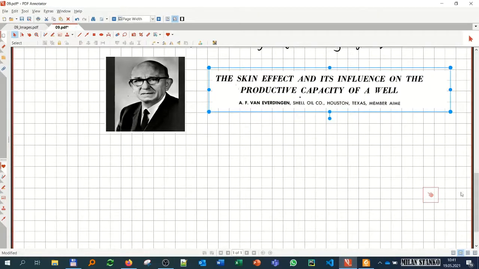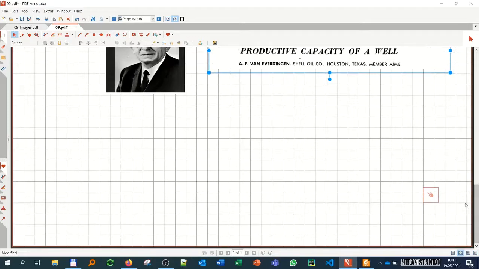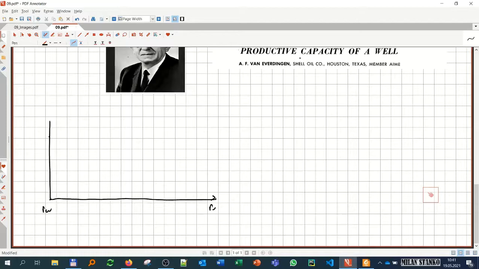Okay, so the principle is simple. If we plot pressure from radius RW to radius RE, as we did before, we have one condition, which is a well with no skin.